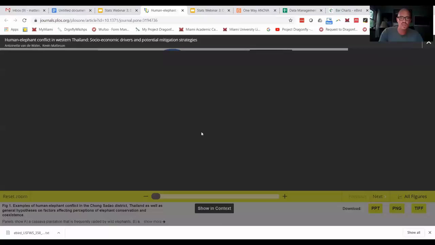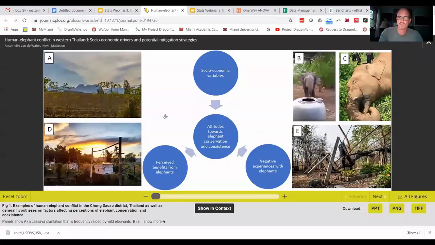One of the first figures in this published paper is a multi-panel figure. We took the opportunity to show the study area and the issues affecting elephants, including farms and crop raiding, and raiding and destroying water basins that people need for their livelihood.